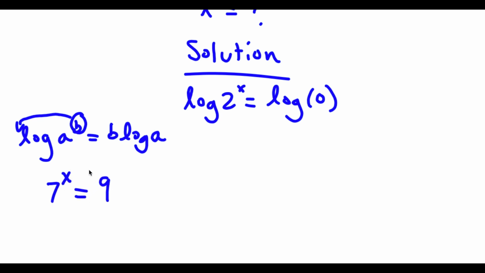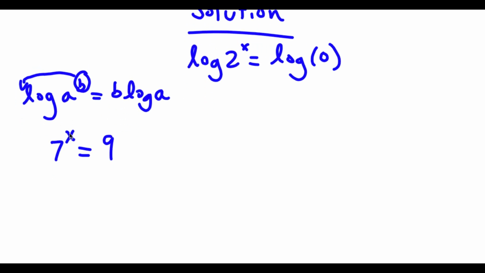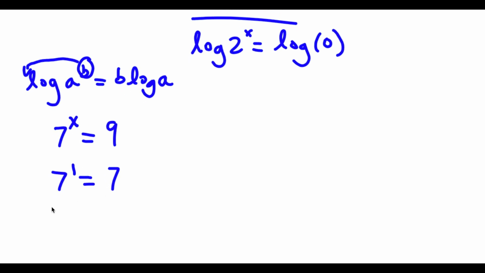Well, right now, as you can see, x here is an exponent. And it's actually really hard to solve for an exponent, especially when the exponent is going to be a decimal. Because x is not a whole number, since we know that 7 to the power of 1 is 7, and 7 to the power of 2 is 49. So we know that the value of x is going to be somewhere between 1 and 2.